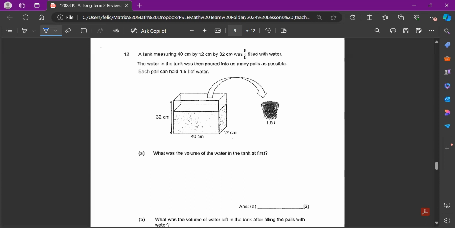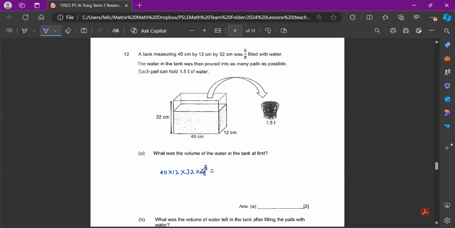Okay, so if I find the water at first, simply length times breadth times the whole height. But since it's only 5/8 filled, you can straight away times 5/8 in the same step. So 40 times 12 times 32 times 5/8. So some of you, you take 40 times 12 times 32, then the answer divide by 8 times 5.